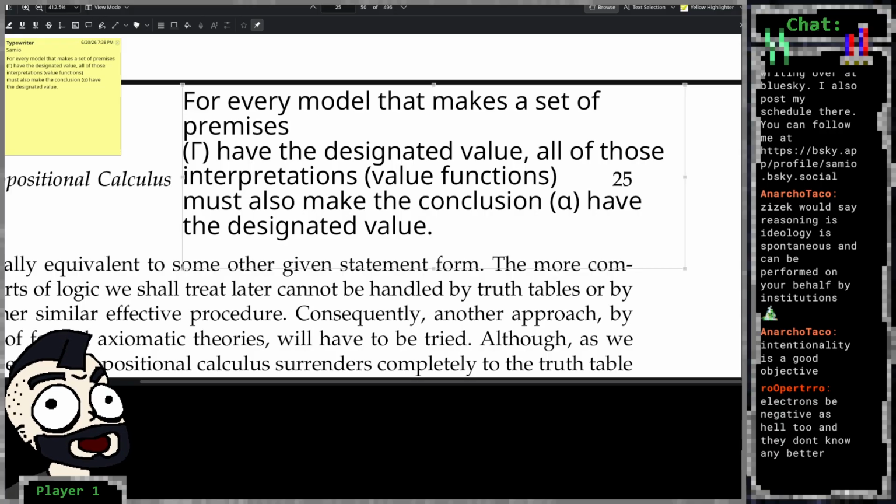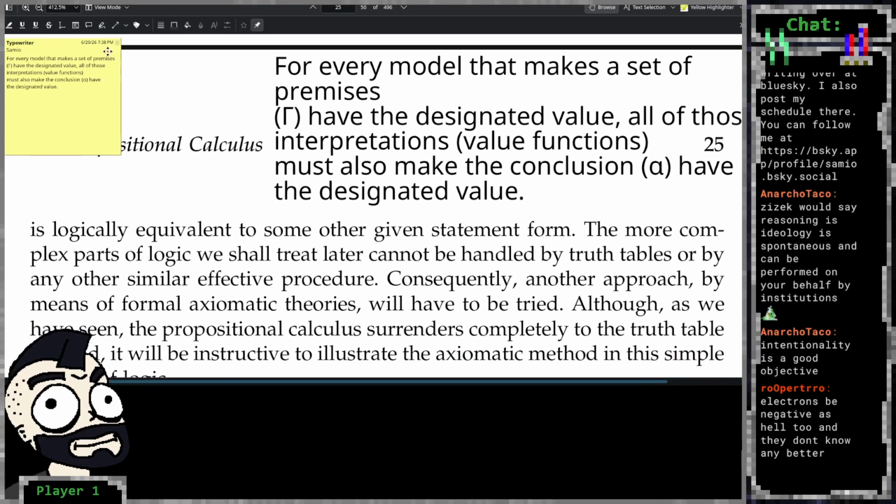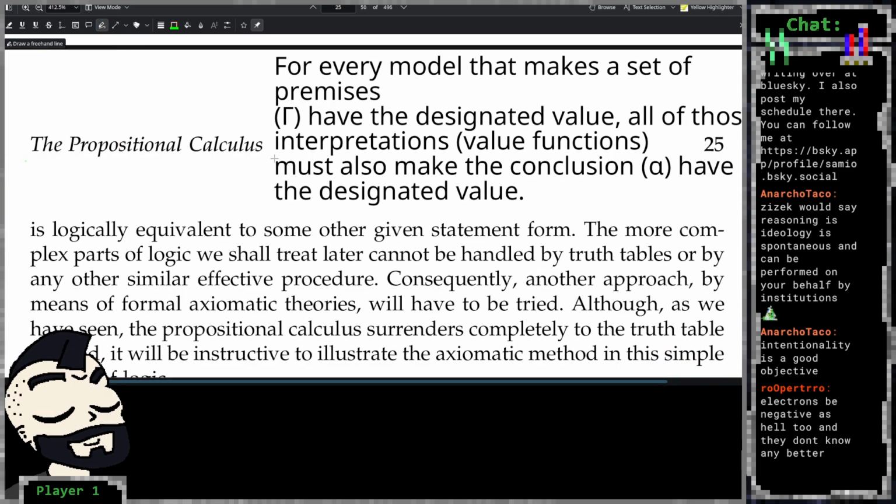We can have a definition of logical consequence that is based entirely upon the manipulation of rules. And that is the propositional calculus.